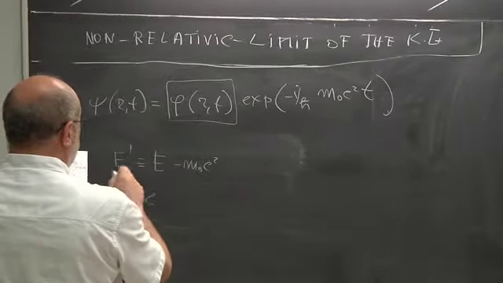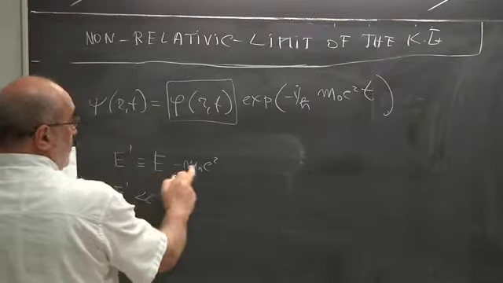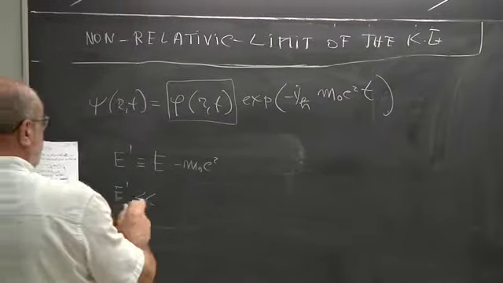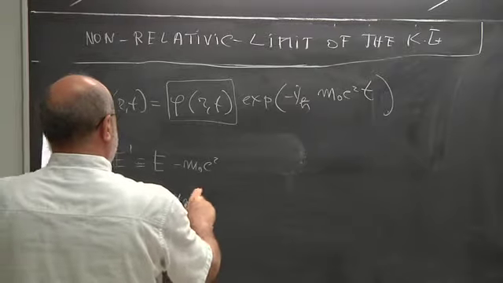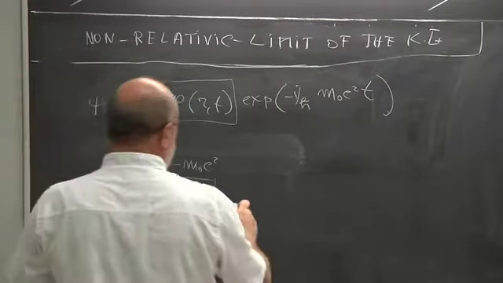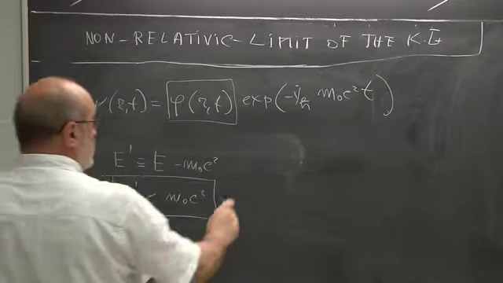So this one is the total energy. We subtract the mass energy. This is the kinetic energy. The hypothesis that we make is this. This now is the non-relativistic limit.